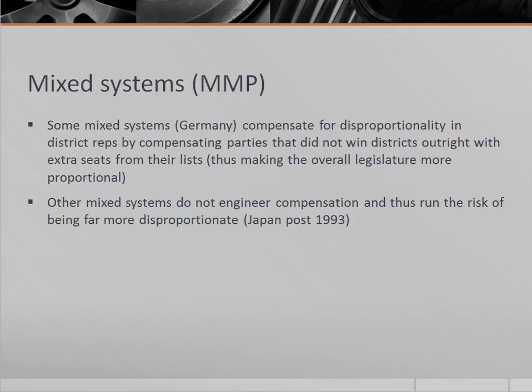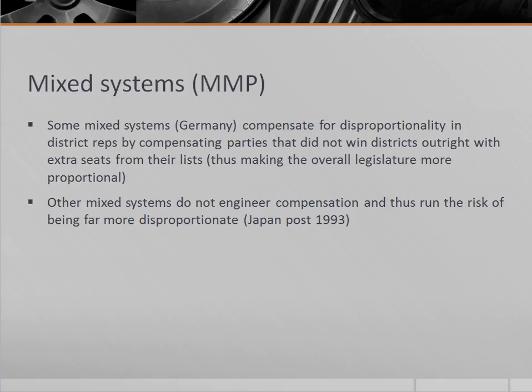So for example, let's say that you're the FDP in Germany, the Liberal Party, and you won a very respectable 15% of the vote. Now, with 15% of the vote, it's possible that you didn't win any districts. So you have no district reps, but you've got 15% of the vote. So what's going to end up happening is you're going to get 30% of the proportional representation seats, such that you get 15% of seats in the legislature.